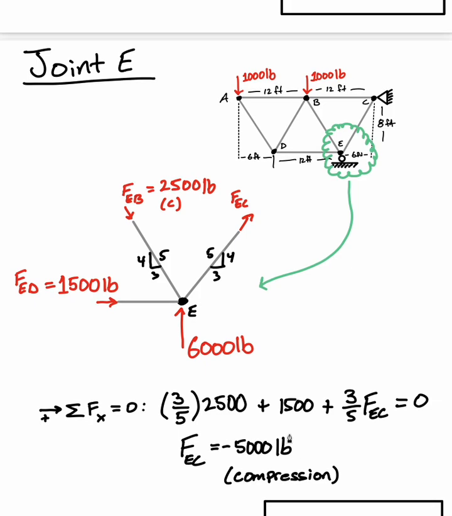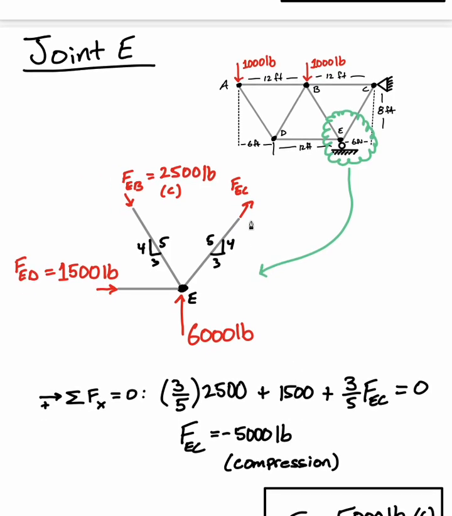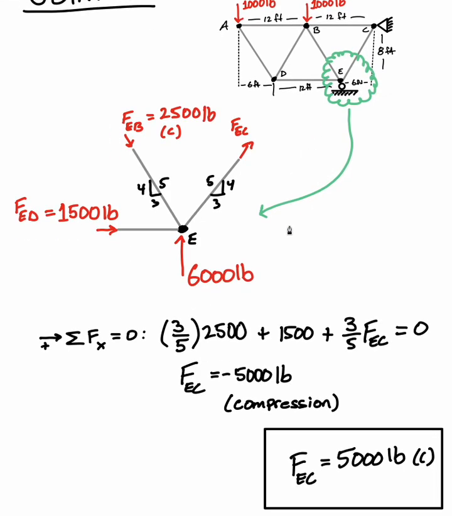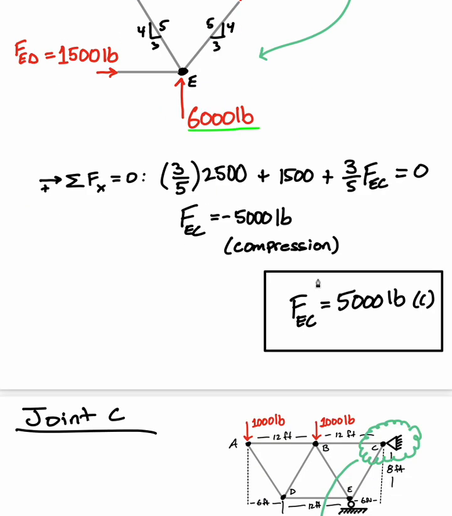We do the same for joint E, and now we've done so far joint A, B, D, and now E. And when we solve this one, we only have one force to figure out, which is FEC. And don't forget that we have a reaction force here from the support, and that we figured out in the first step is 6,000 pounds.